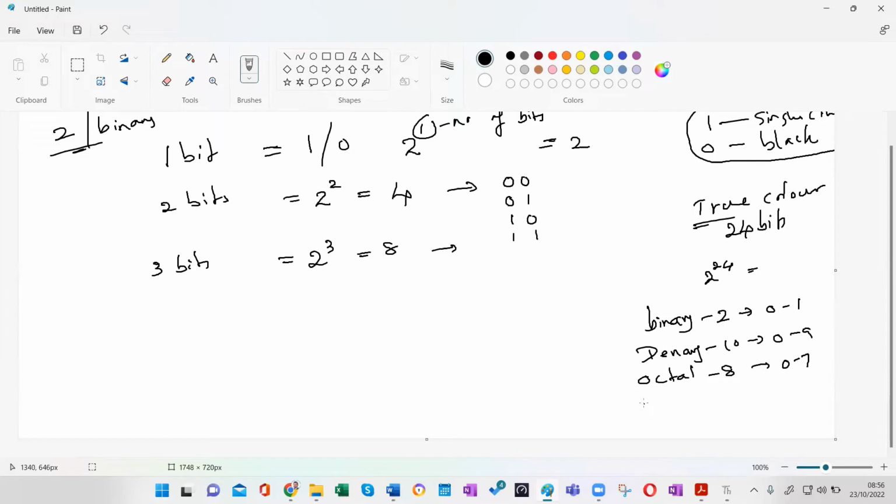Then we have a number system called hex or hexadecimal. We are not using octal here. We are going to learn binary, denary, and hexadecimal. In hexadecimal, how many numbers are there? Come on, guys.